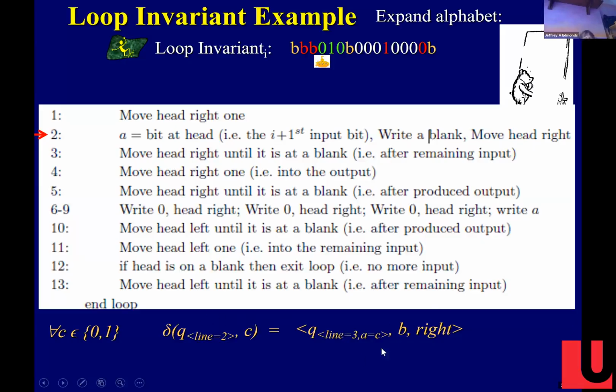When C equals 1, fill it in that way. Does that make sense? So that's the state I'm going into. What character do I write? There was a C, but I'm writing over the C, I'm writing a blank. And what do I do with the head? I move it right. Everybody good with that?